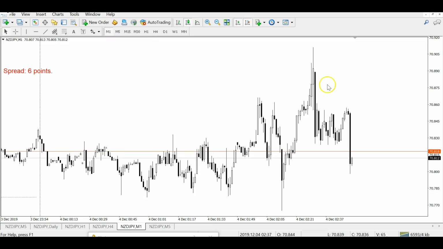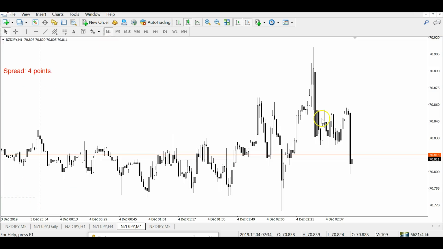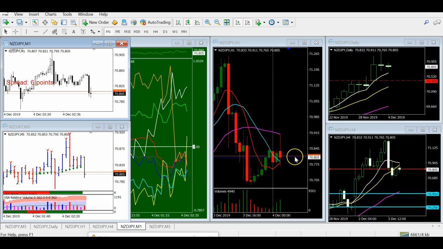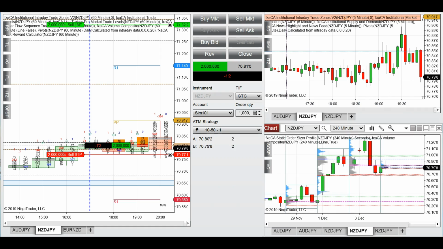So people are selling the New Zealand dollar or the Aussie dollar, which is pulling down the New Zealand dollar, to buy the Japanese yen, and you can see how the yellow line is pushing up sharply because of the negative news that broke out of Aussie.